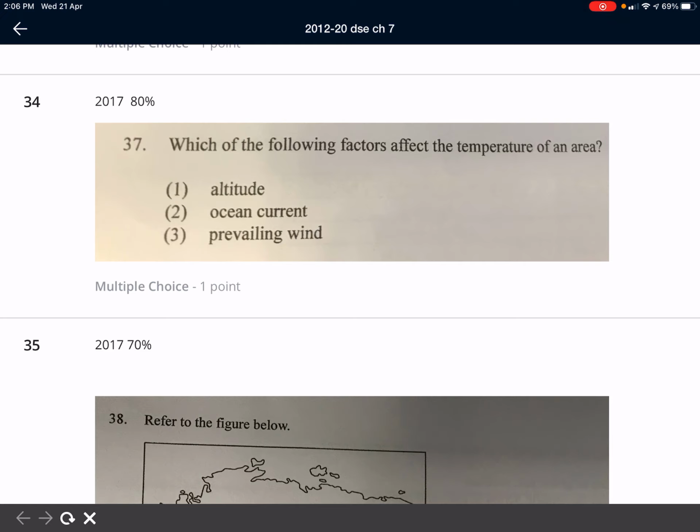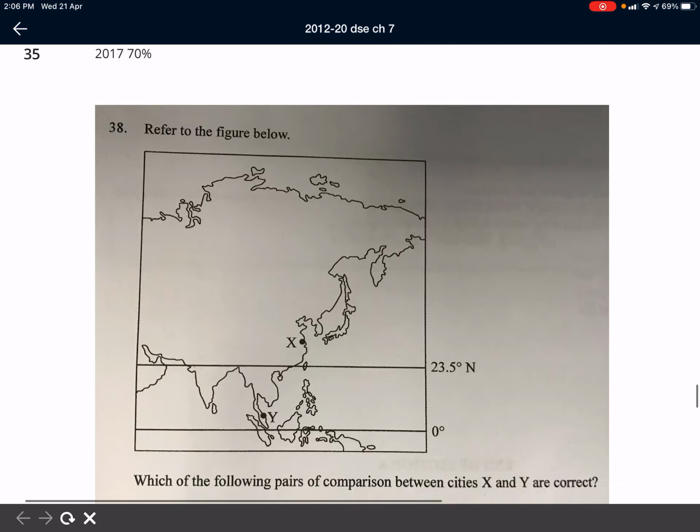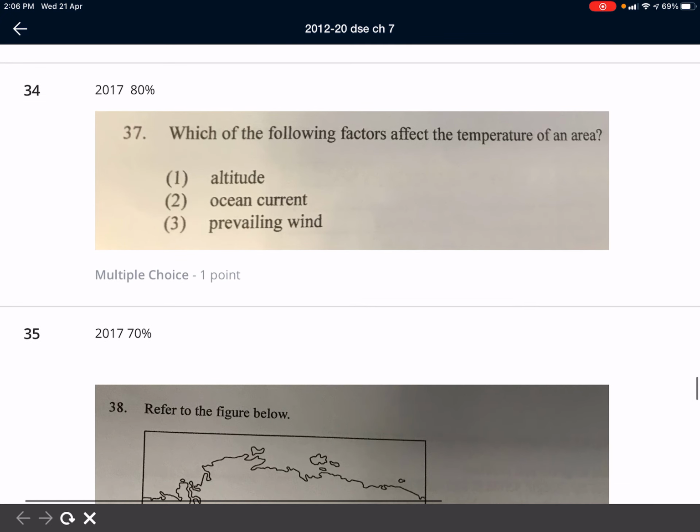And how about the prevailing wind? I think this one is also related. So this one is right as well. So all of them are correct.